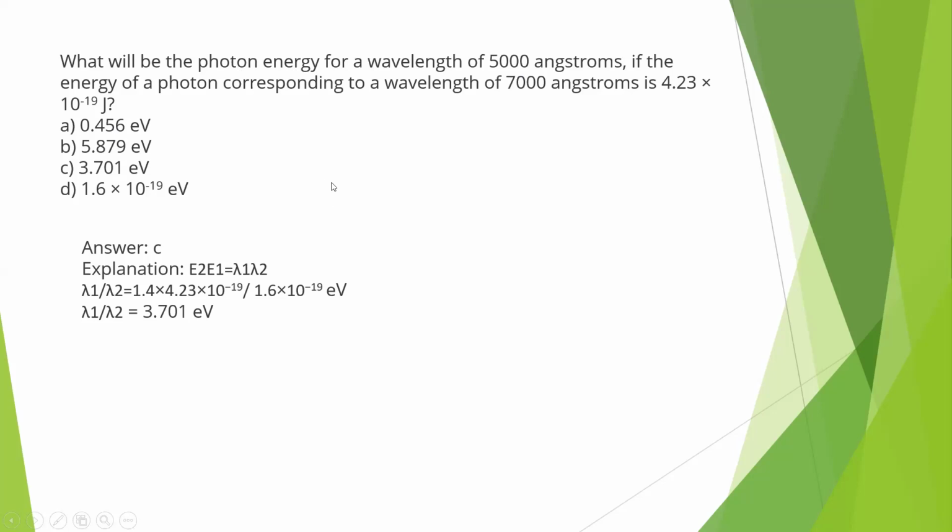E1 is equal to h nu 1, that is hc by lambda 1. Then E2 is equal to hc by lambda 2. If you divide E2 by E1, you will get E2 by E1 is equal to lambda 1 by lambda 2. Lambda 1, lambda 2 and E1 they have given, so you can find out E2.